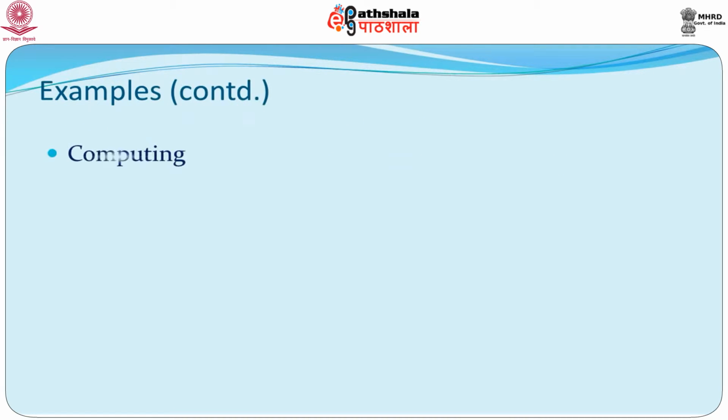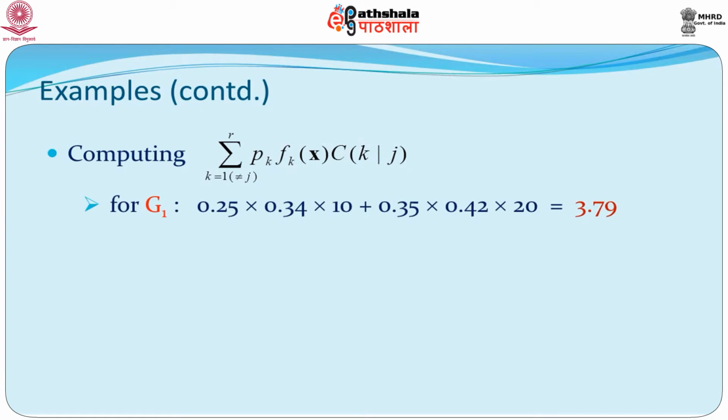Now, when we compute this p_k f_k(x) c(k|j), for the first group G1, we have 0.25, which is the probability of coming from the second group, and 0.34 is the ordinate of x in the second group, so it is f_2(x), and 10 is the cost.